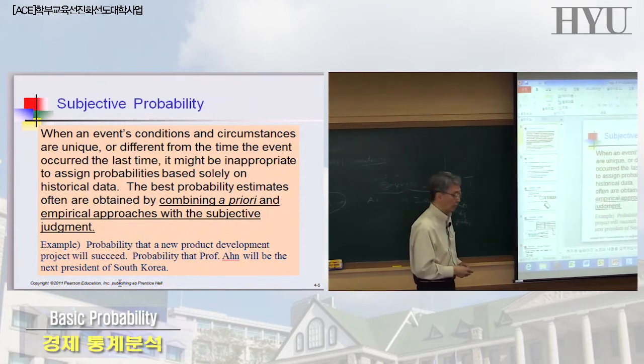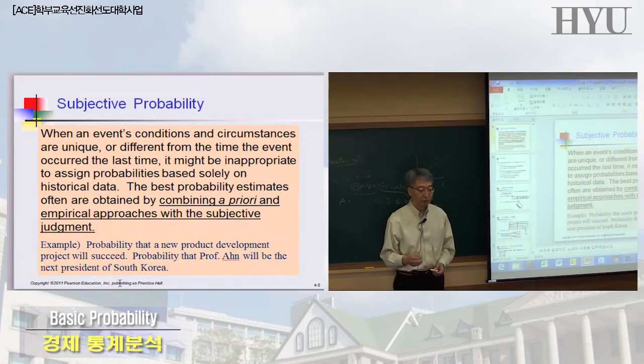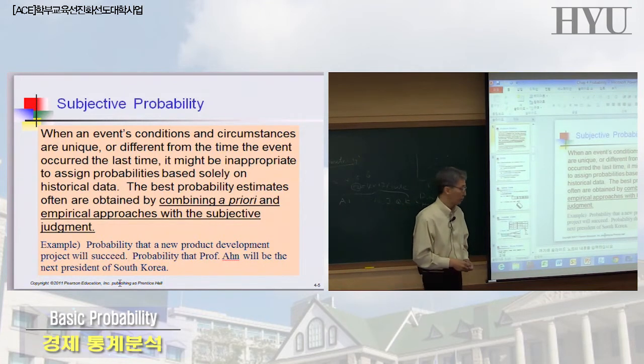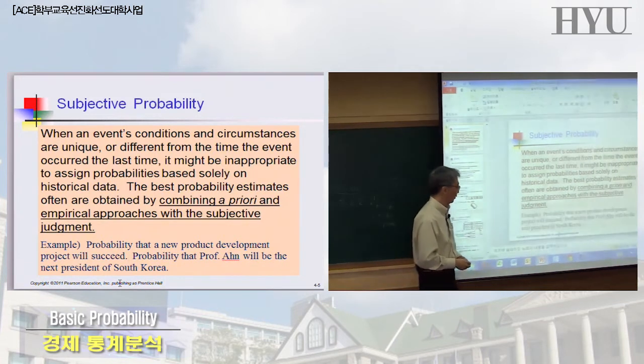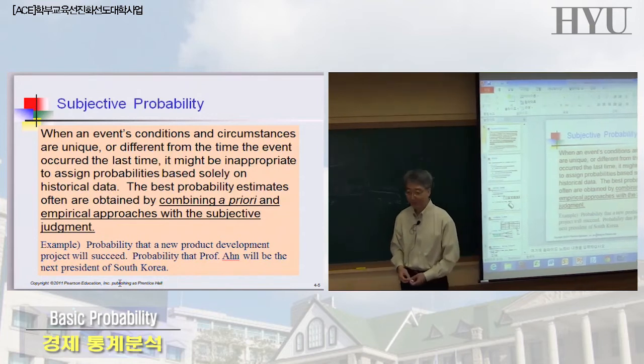Unfortunately, you don't have past history, so you'll have to use all kinds of judgment, including your subjective judgment, to come up with the probability of success.